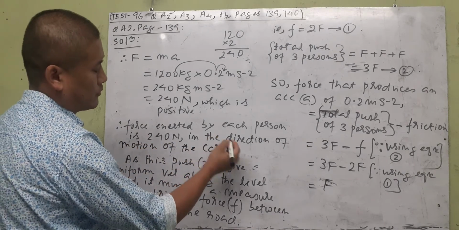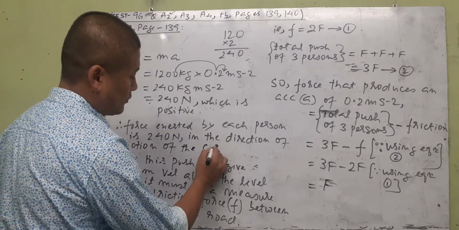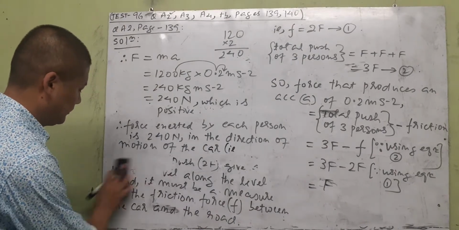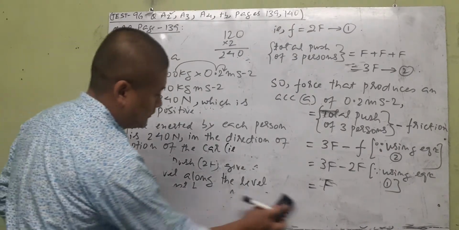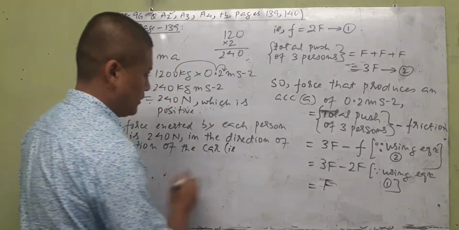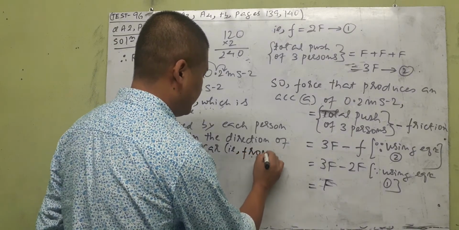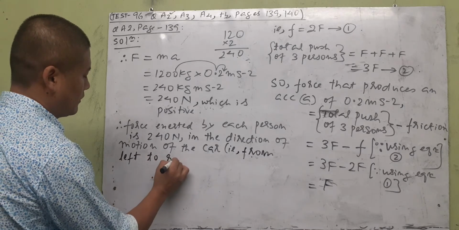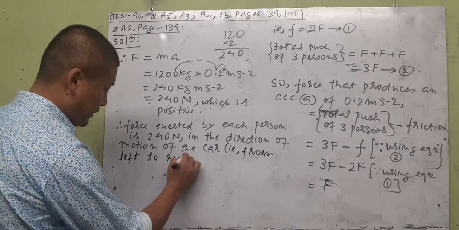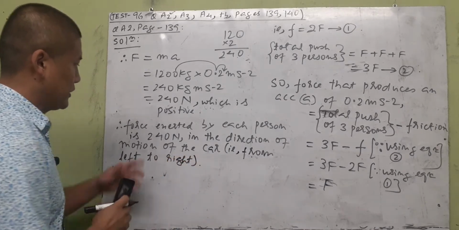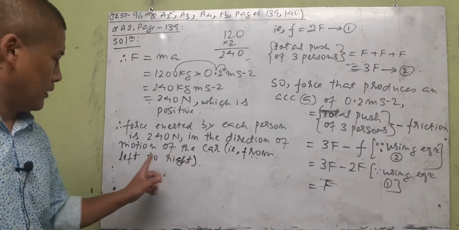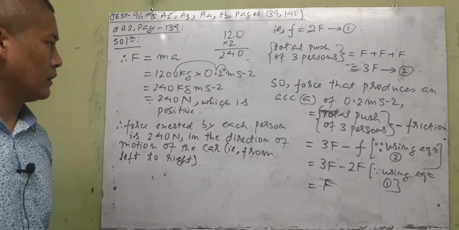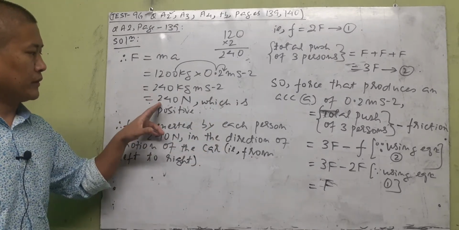The car was moving from left to right, we assumed, so that is from left to right, the same direction. If F was minus, then we would have said from right to left, opposite to the original direction of movement of the car. So the force exerted by one person is 240.